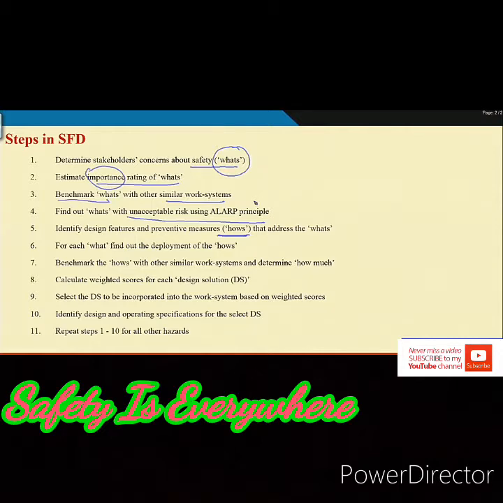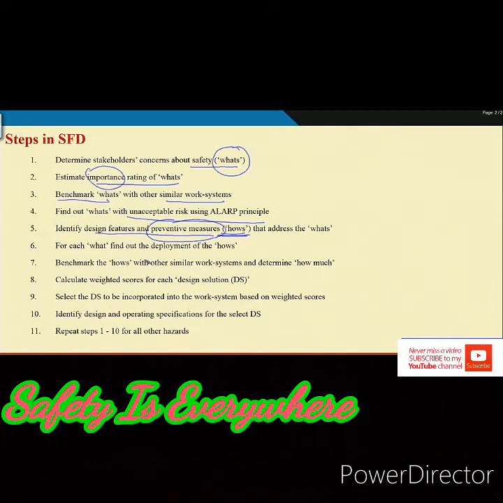Using ALARP, you are saying whether unacceptable risk accident scenarios are there or not. Then what do you require to do? You require to reduce the risk. How do you reduce the risk? That is basically the how. What is the how in our case? What are the design features and preventive measures that you should incorporate into your system so that the risk level will be going down.